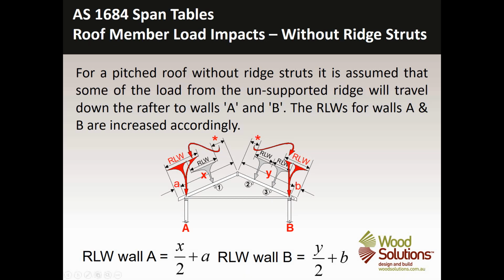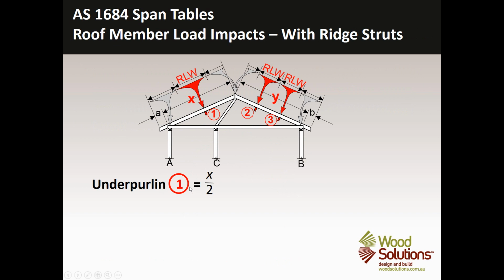So our roof load width for A and B includes up to our first underpurlin here, plus our length of B. So our underpurlin number 1 is carrying half the load, or the load from the distance halfway between point A and number 1, and then half this distance once again.